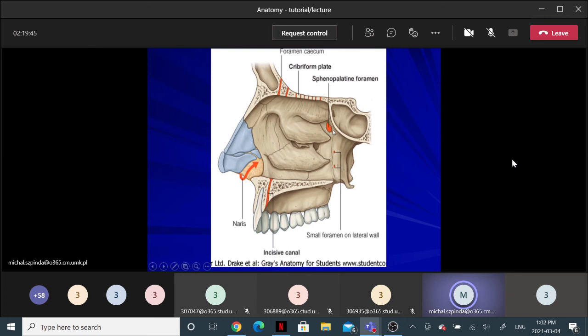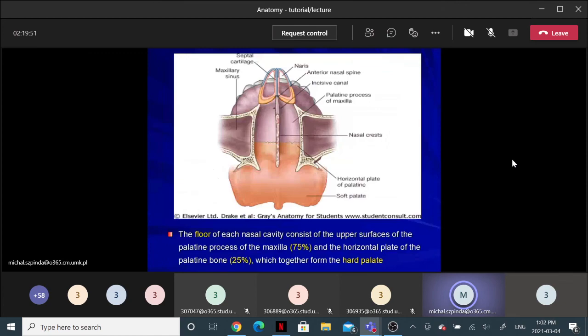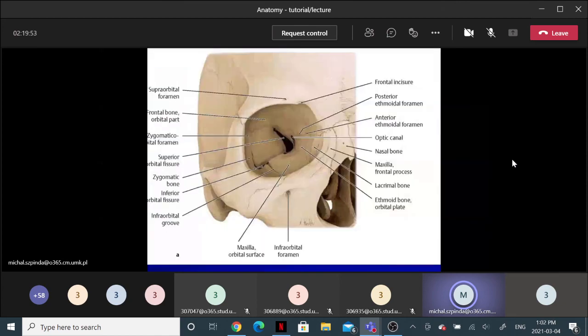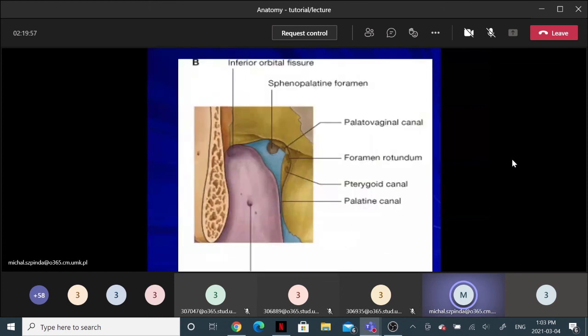So the palatovaginal canal ends just between two walls of the pterygopalatine fossa. Can you see? Between the medial wall and posterior wall.